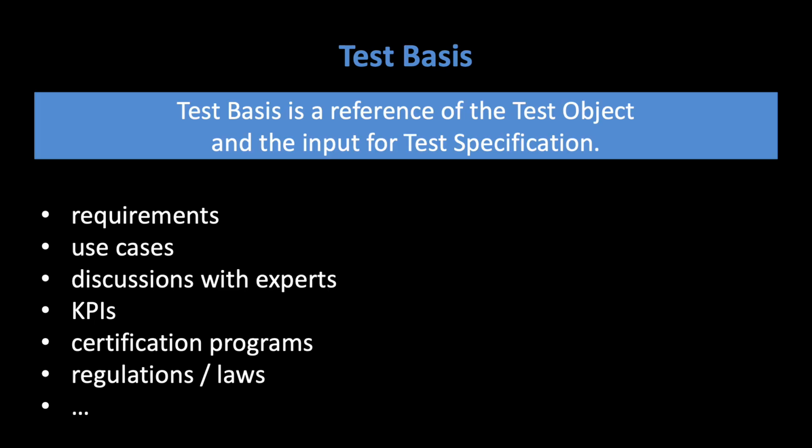It can be input that someone gets from discussions with experts. It can be KPIs that you then test against, or it can be requirements from certification programs, regulations, or laws. So basically anything related to the test object can be used.